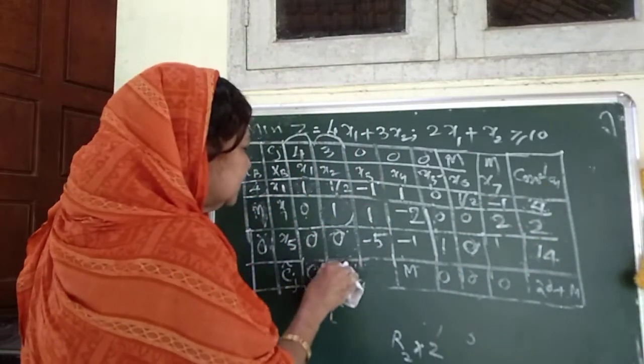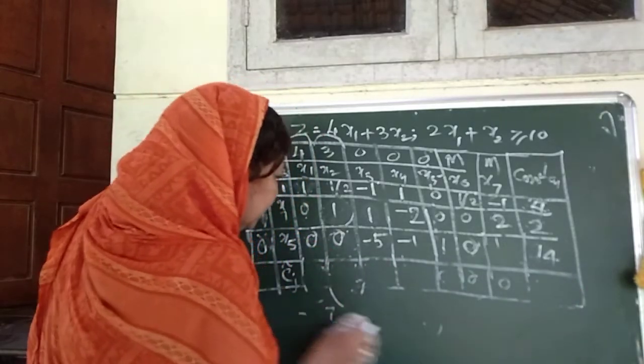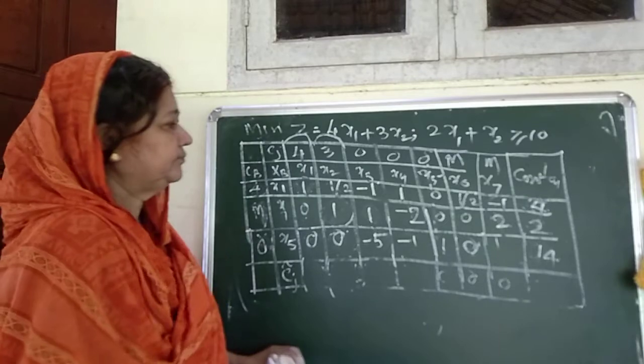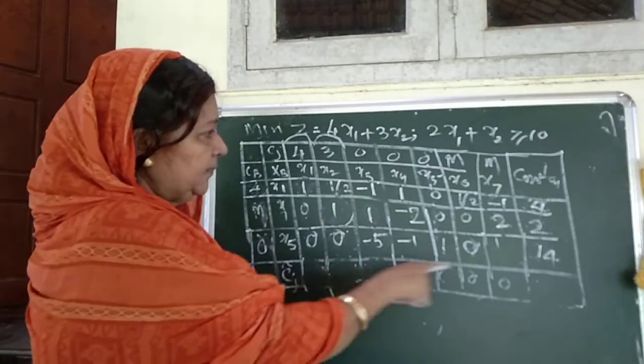Then we can find this initial value, this profit value. There is a correction in the book, so you have to replace this value.